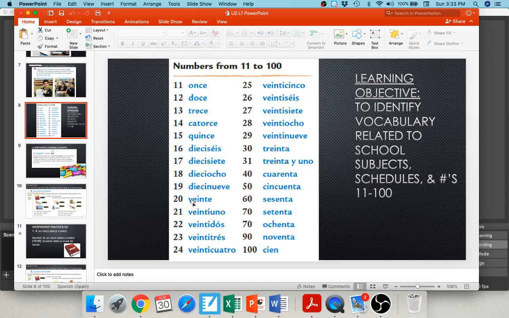As we go through to add our numbers, you'll notice that 21 through 29 follow sort of the same similar pattern as 16 through 19. You already know 20 is 20, and you know 1 through 9. So rather than writing 21 with a Y, we've just changed the E to an I, and we've added our second number. So you get 21, 22, 23, 24, 25, 26, 27, 28, y 29.